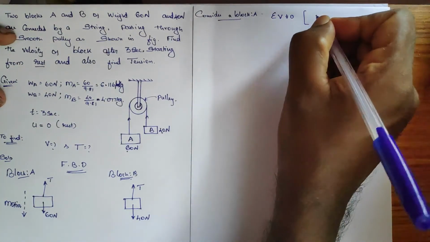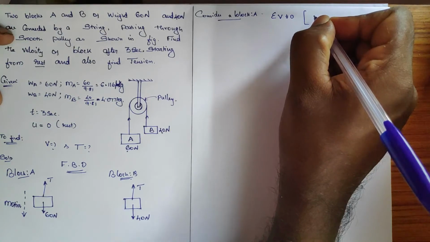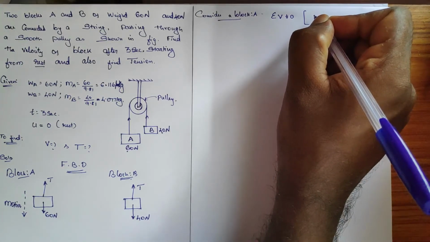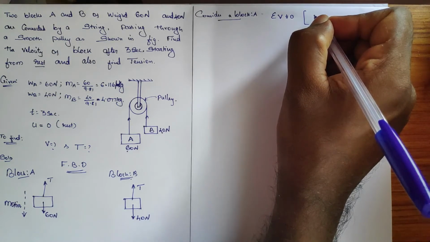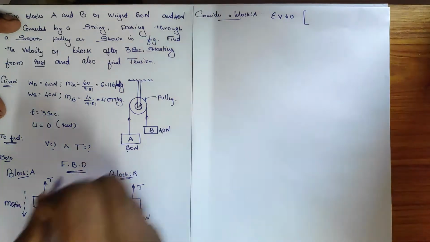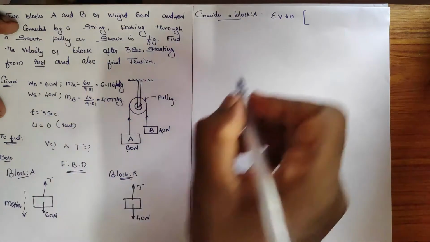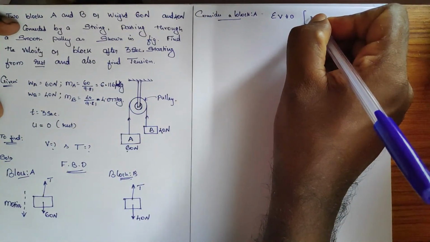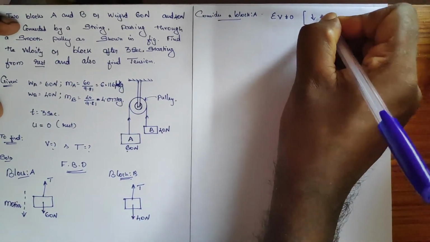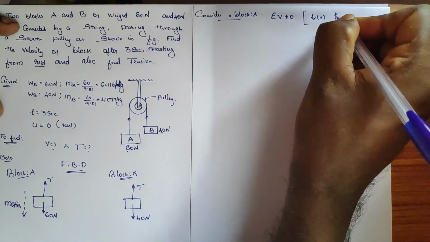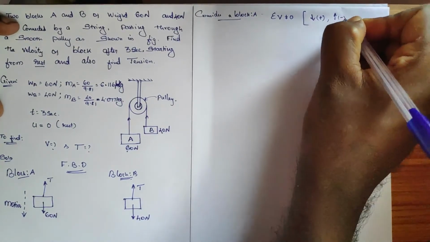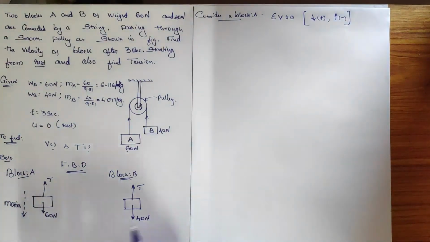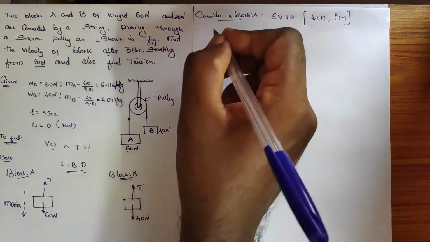The sign must follow the direction: if the direction of the force is equal to the motion, then it will be positive. So here the motion is downward, so downward force has a positive sign, and upward force has a negative sign. It is based upon the motion we have to take.